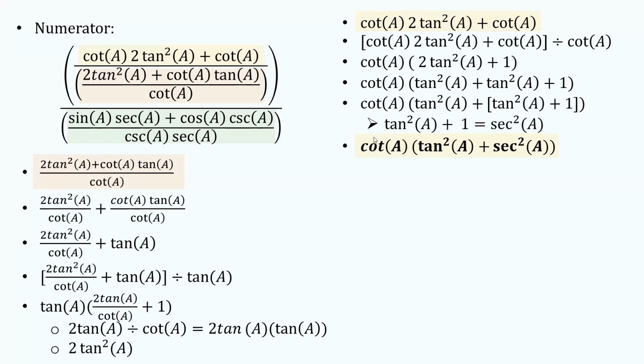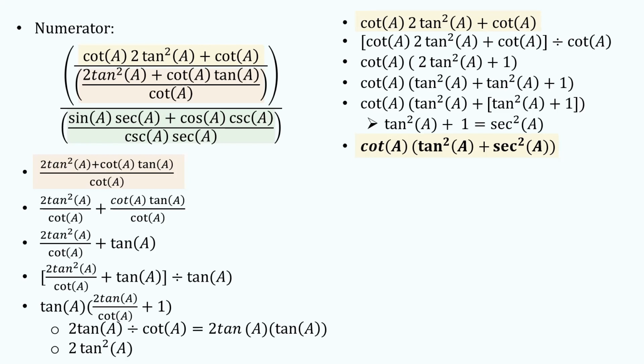Dividing the 2 square of tan of A over cotangent of A by tan of A will result in 2 tan of A, wherein the degree 2 is subtracted by a degree of 1 from the tangent, and the tangent divided by the tangent is equal to 1.